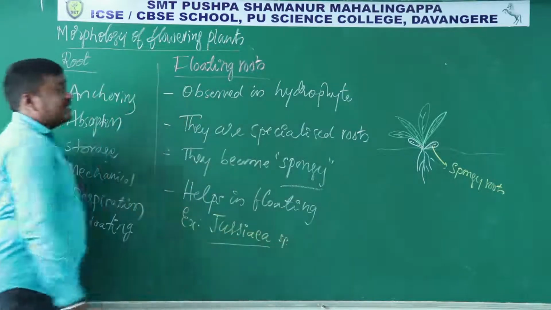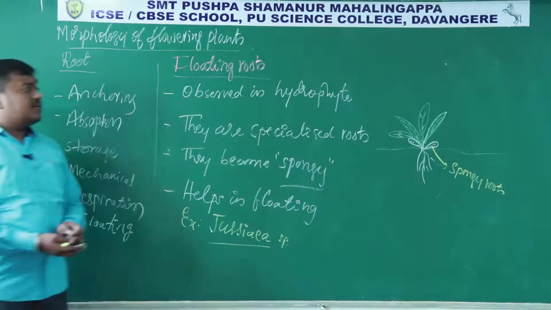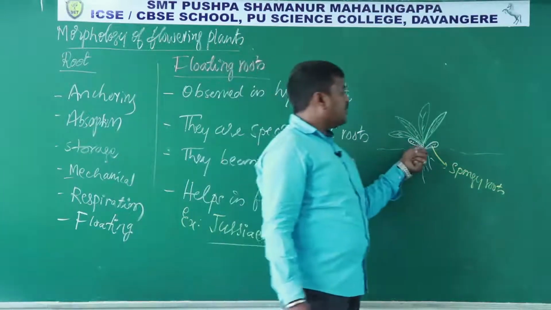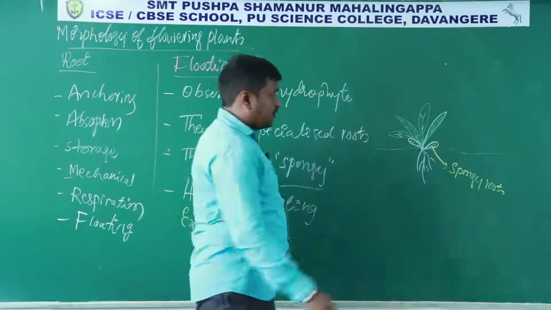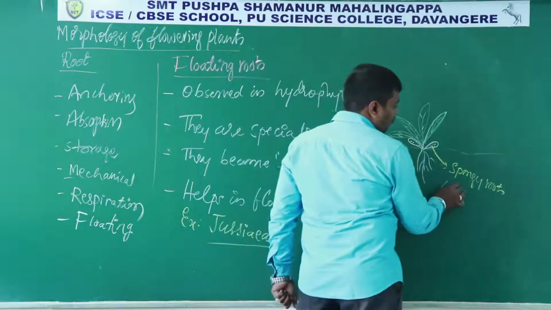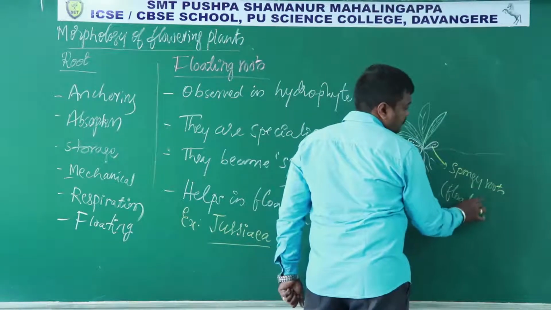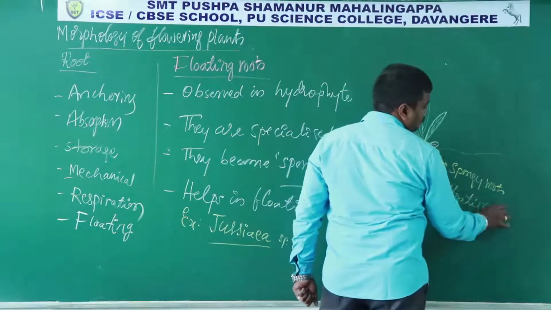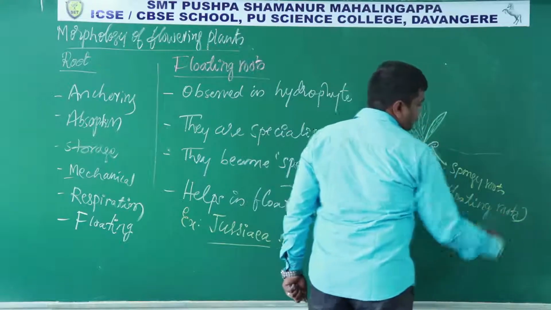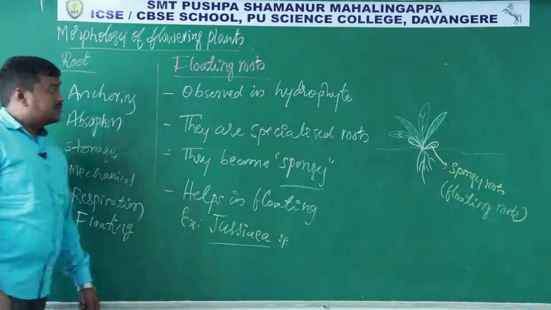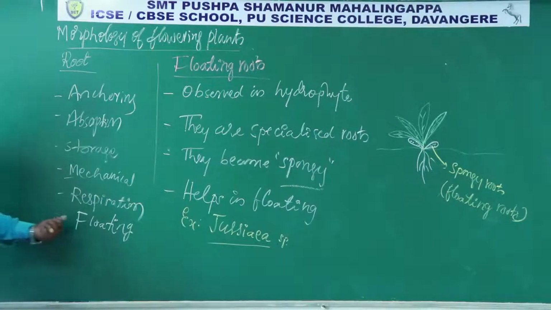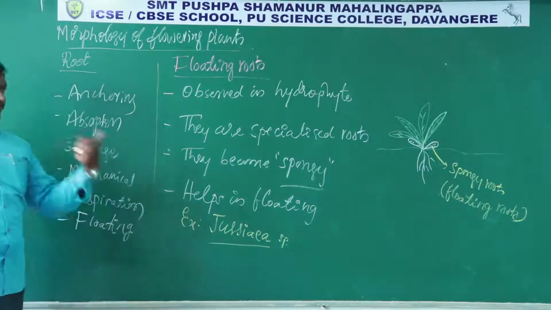In Jessia you can see these floating roots, or spongy roots, also called floating roots. This is an example for floating root.